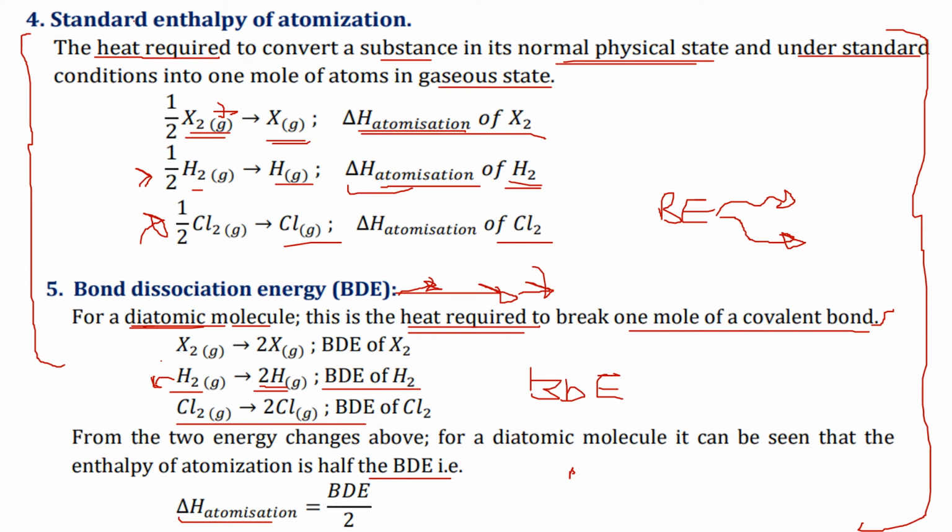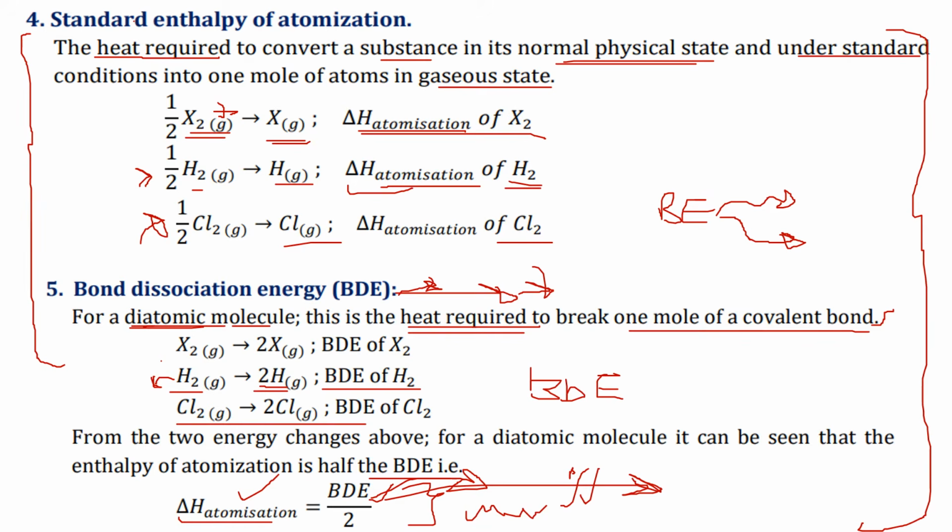Note this expression is very important when it comes to energy level diagrams, which are very common. You are either given bond dissociation energy and required to find atomization energy, or given atomization energy and required to find bond dissociation energy. So always know this: to get atomization energy for one atom, you divide the bond dissociation energy by 2.